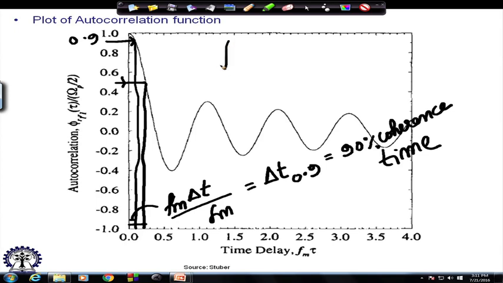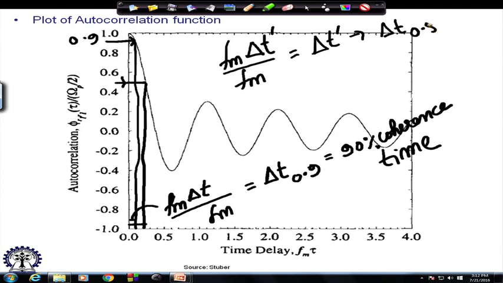So, we would have Fm delta t prime, which is another value of delta t here, because it is the same Fm divided by Fm would be delta t prime, and for this case we would call it delta t 0.5. That means it is the separation in time which would lead to 50% coherence between the signal components.